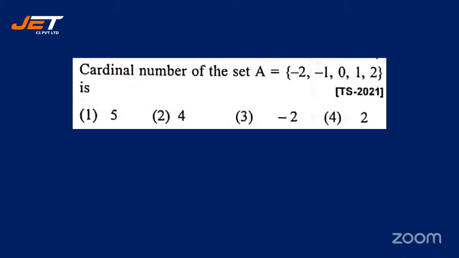Cardinal number of the set A is equal to -2, -1, 0, 1, 2. This question was asked in the year 2021. Right? So the cardinal number of the set A is -2, -1, 0, 1, 2 is dash.